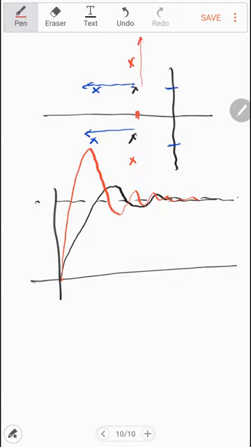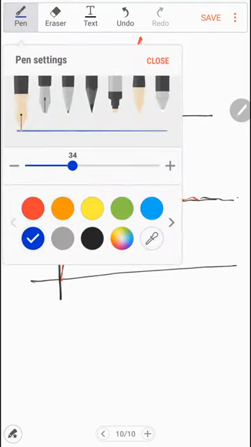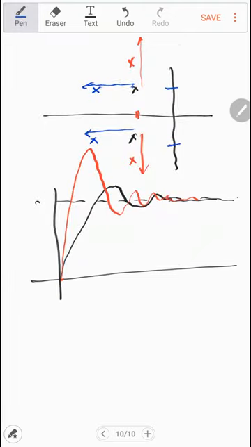So instead of this one, let's say that we are changing the real axis and keeping the imaginary axis fixed. So in that case, what will happen? You see, you are making the system more stable.